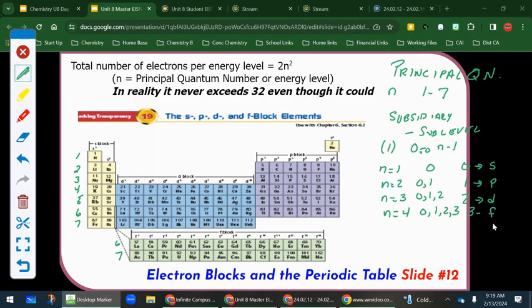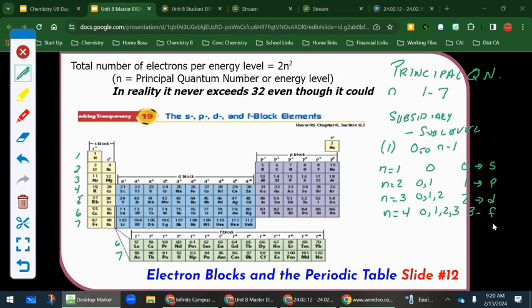Okay? Now, you cannot have F sublevel until what energy level? Four. So prior to energy level 4, there is no F sublevel. There's no room for them. They don't exist.